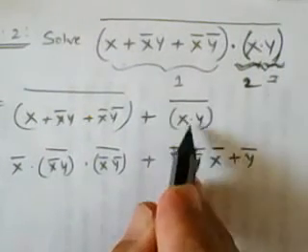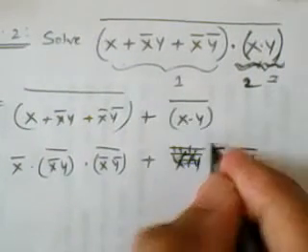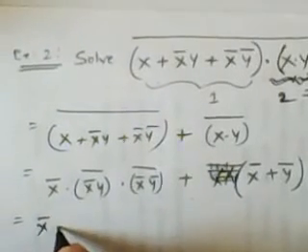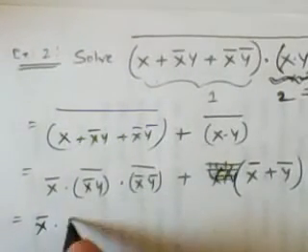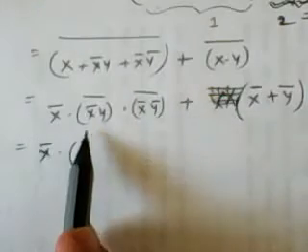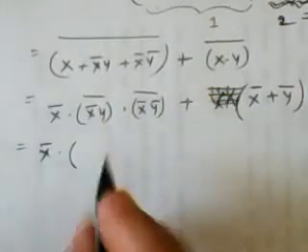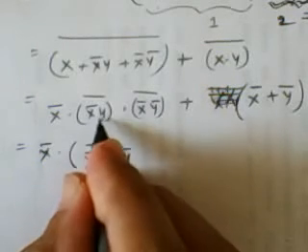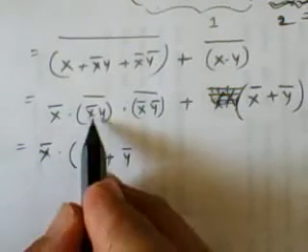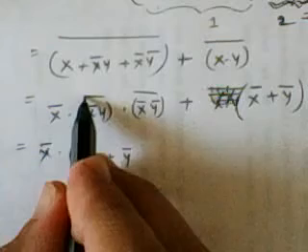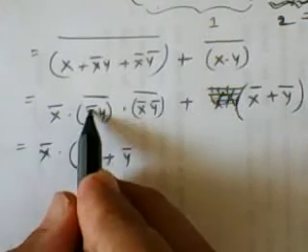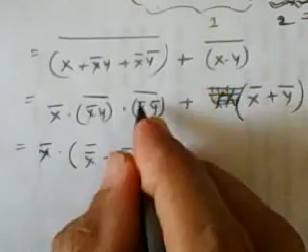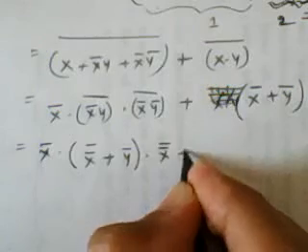Split: x bar dot becomes plus y bar. This is one. That is equal to x bar dot split x bar y whole bar. So x bar whole bar plus y bar. Are you getting that? This is x bar dot y. So with respect to dot, we have plus because it's over bar, full over bar: x bar whole bar plus y bar dot x bar whole bar plus y bar whole bar.